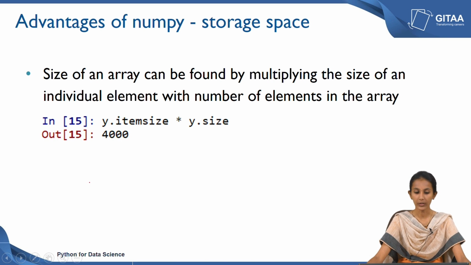So, y is an array which we have stored already. y dot itemsize into y dot size, which is the number of elements present in the array. For this it returns an output of 4000, which means 4000 bytes. For list it took 28,000 bytes, for array it only took 4000 bytes. So, this is another advantage of using NumPy compared to list.